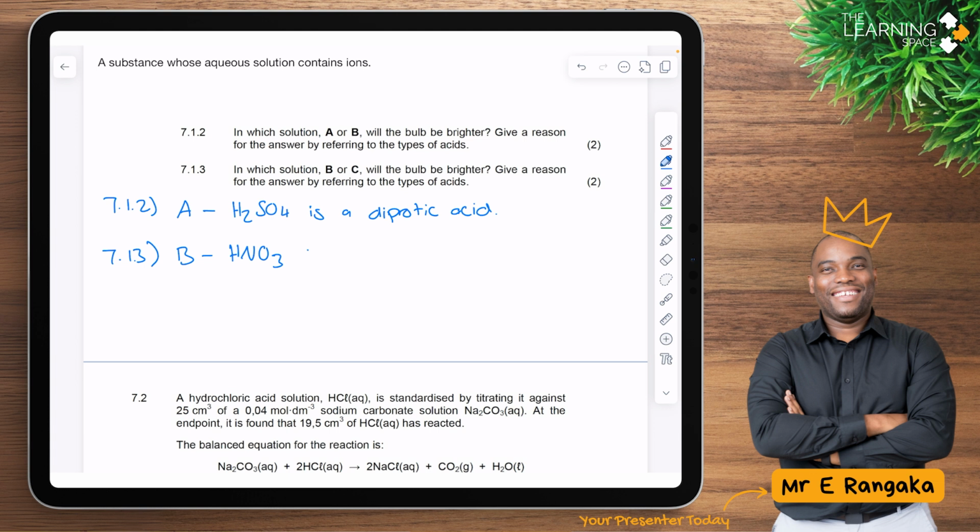And the reason is HNO3 is a strong acid. It will ionize completely. Awesome, nothing crazy. Let's do some calculations.